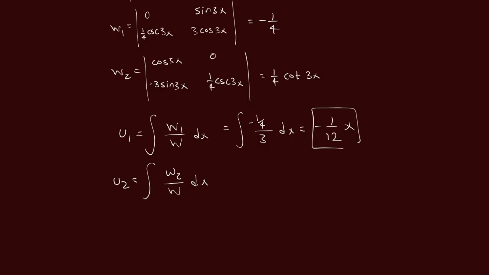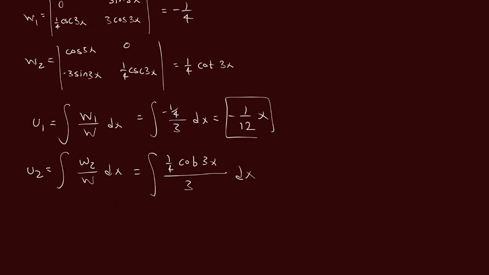That's your u1, and we're taking the constant to be 0. For u2, it's going to be the integral of 1 over 4 cotangent 3x all over 3 with respect to x. Let's do this part first, so that's just 1 over 12.